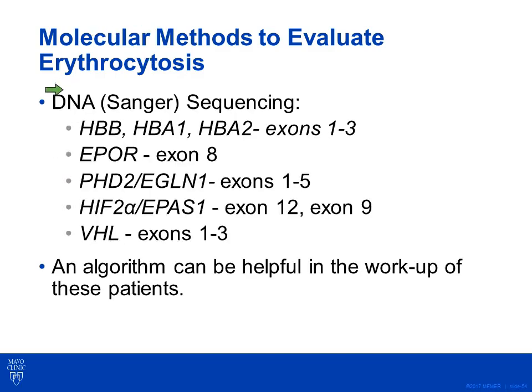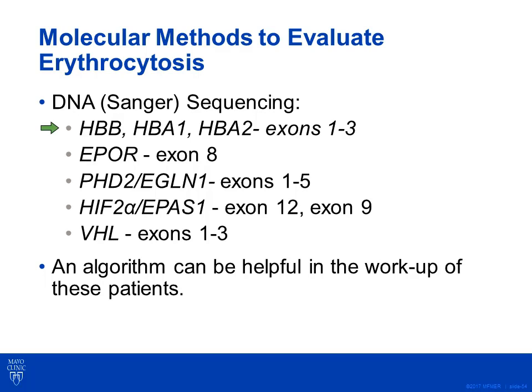And here they are. We can use simple Sanger sequencing for all of these disorders. You can see here for the globin genes, there were only 3 exons to each of these, and so we just sequenced the whole gene. As we talked about with the EPO-R, we only need to look in exon 8.